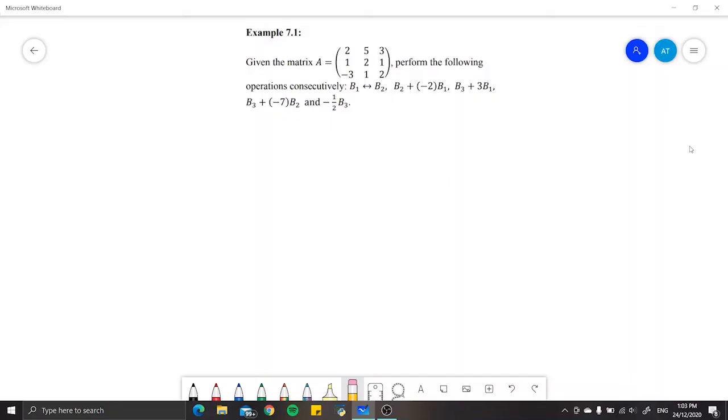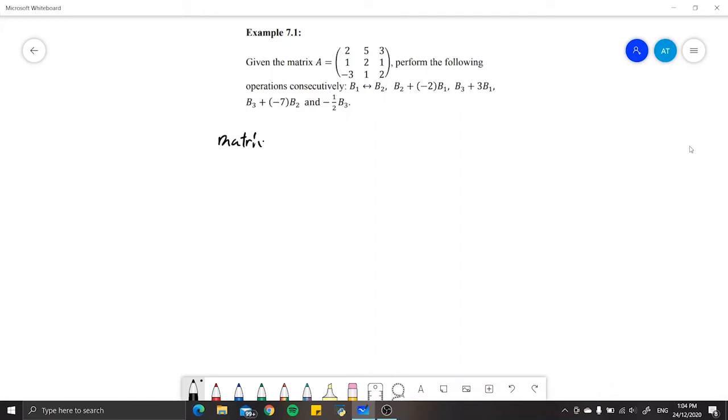Hello, my name is Tongren Hao, and today I'm going to explain the applications of elementary row operations. Okay, so for example 7.1, given the matrix A, perform the following operations consecutively. So we have to perform 1, 2, 3, 4, 5 operations. So let's start.